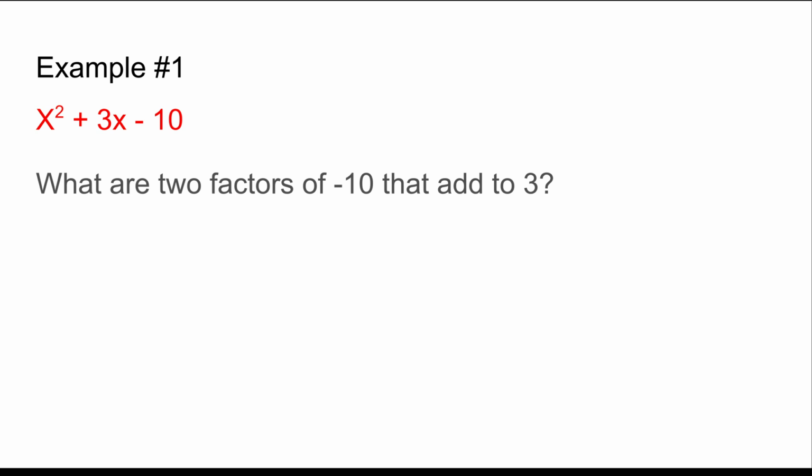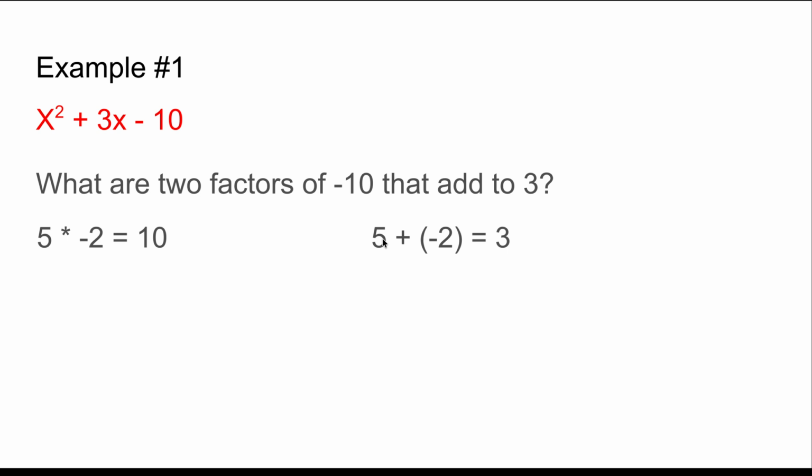So let's look at this one now that we've thought about that. This is just our example, so you can just watch this one. x squared plus 3x minus 10. What two factors will give us negative 10, but also add to 3? So negative 2 times 5 would give us negative 10. How do I know which one I want to be negative and which one I want to be positive? The way we figure that out is we need the two numbers to add to a positive 3.